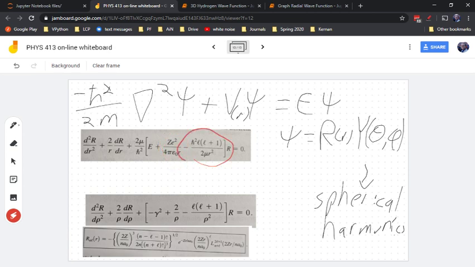And over here you have an angular momentum term, which is related to the y. You might remember that y is labeled in terms of the angular momentum L and the angular momentum z component m. That's what comes in here, is just this L times L plus 1. You might remember that as the eigenvalue for L squared. So these y's are eigenstates of the angular momentum operator.